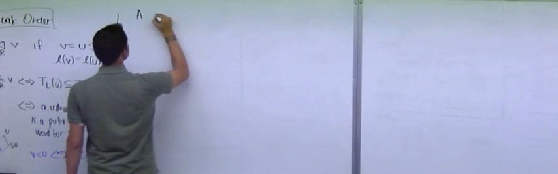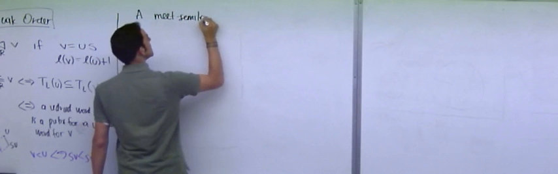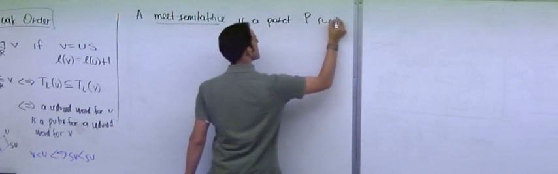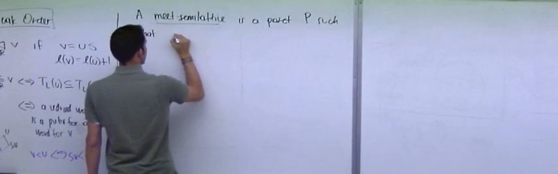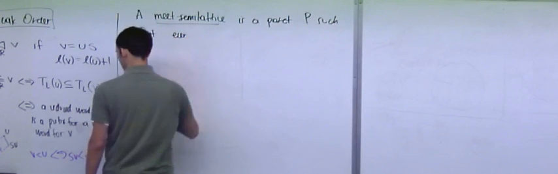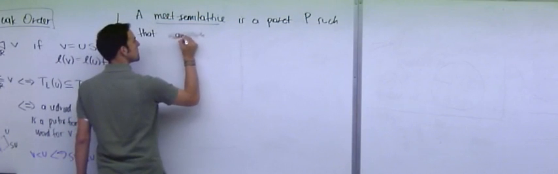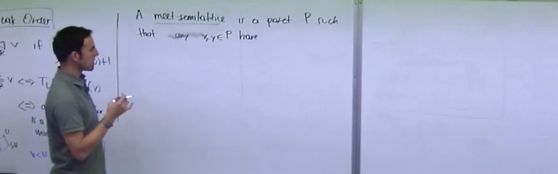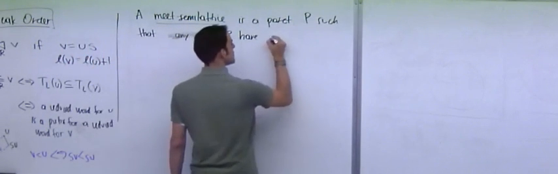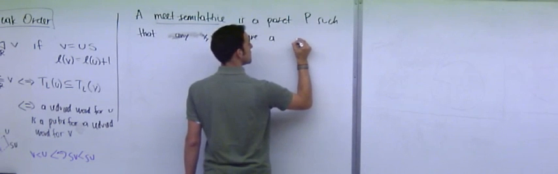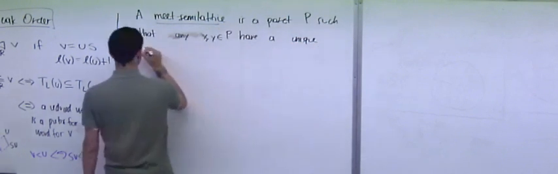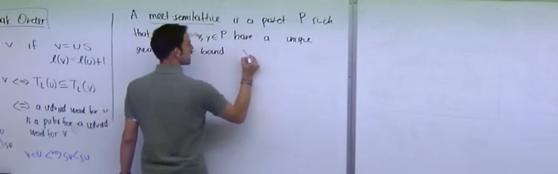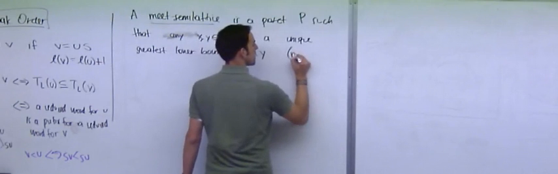So let me tell you what a meet-semilattice is. A meet-semilattice is a poset P such that any x and y in the poset have a unique greatest lower bound, which is denoted like this, and it's called the meet of x and y.